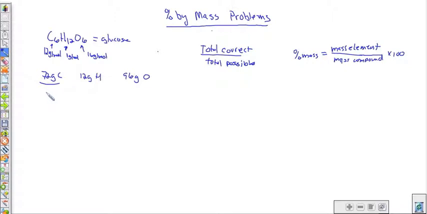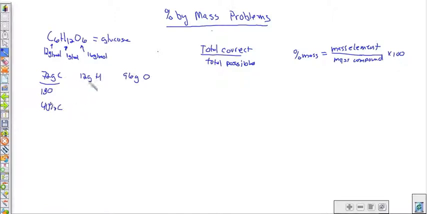I'm just figuring out the total here: 72 plus 12 plus 96 is 180. So 72 divided by 180 is going to give us 0.4, times 100 is going to give us 40% carbon, right?